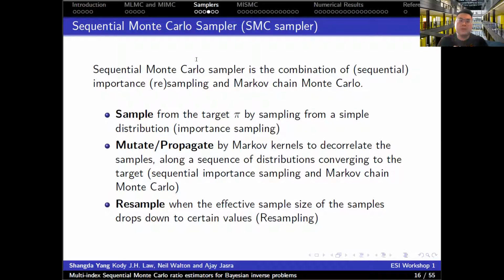Then we mutate these samples by Markov kernels to decorrelate or jitter the samples along a sequence of distributions that converge to the target we are interested in. This is the step of sequential importance sampling and Markov chain Monte Carlo. During this time, we do the resampling when the effective sample size drops to a certain threshold.